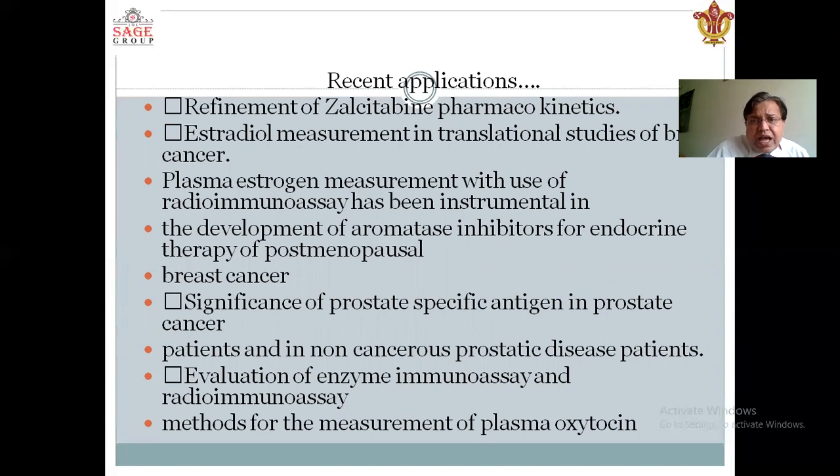These are recent applications of radioimmunoassay.